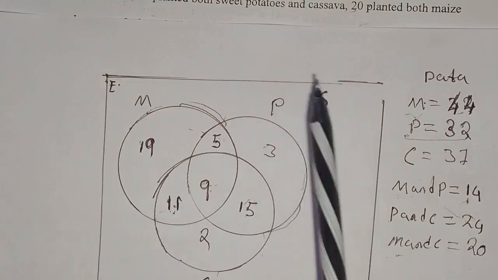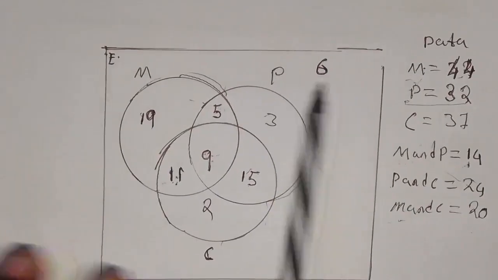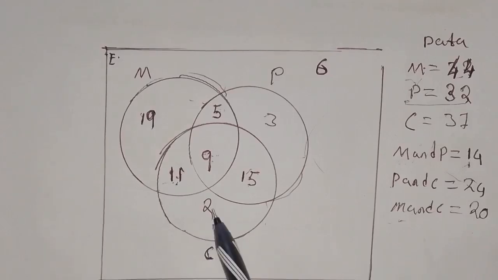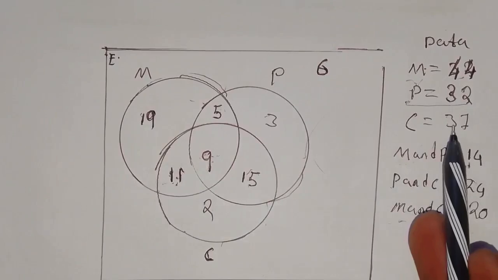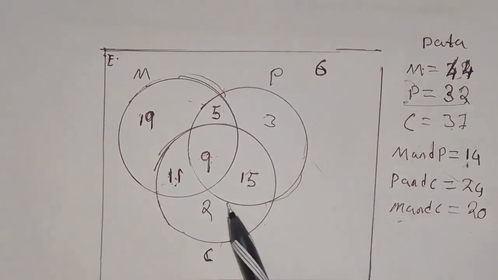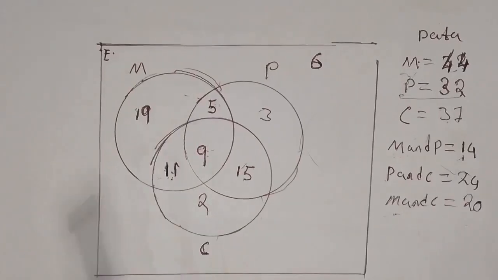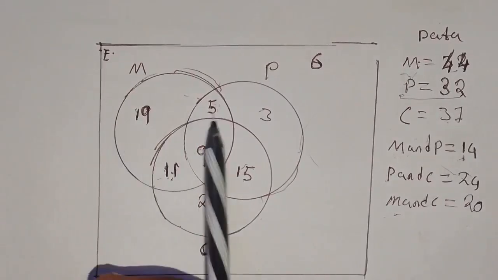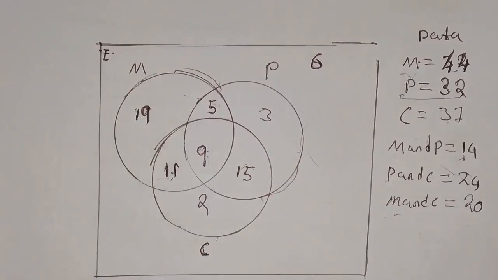So we have this plus this plus this plus this, it will give us 64 plus 6, it will give us 70.